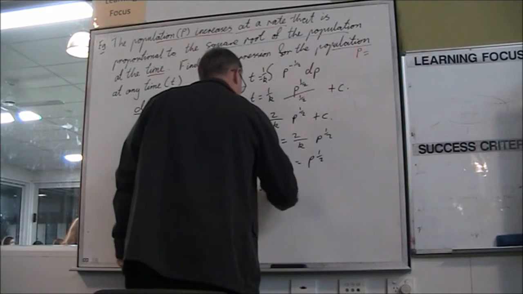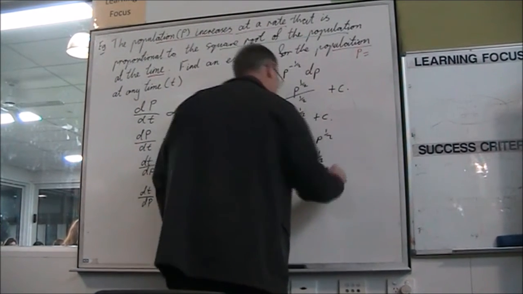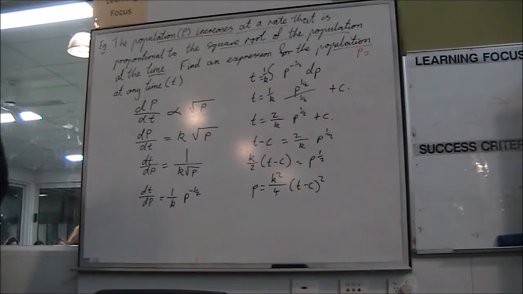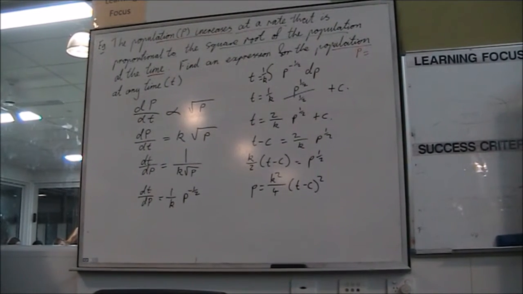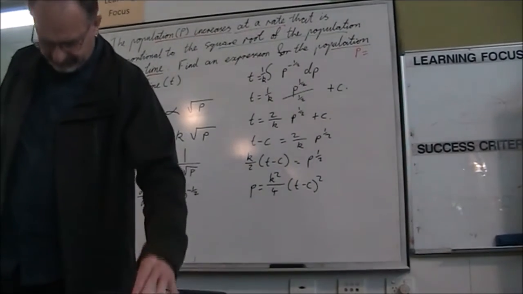Right. So there's an expression for the population at any time t, and to find out what the k is and the c is, we would need, excuse me, we would need information.